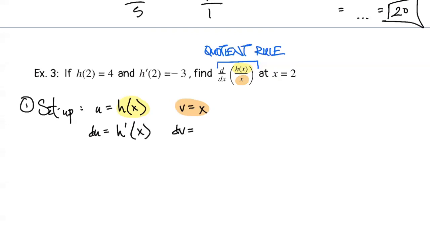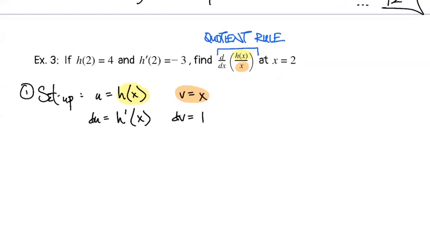We'll stick to our notation, but we are going to substitute numbers all at the very end. Now, v is x, and our dv just becomes 1, because the derivative of x is just 1. So we're using different kinds of rules and notations all in the same problem, and that can get confusing sometimes.